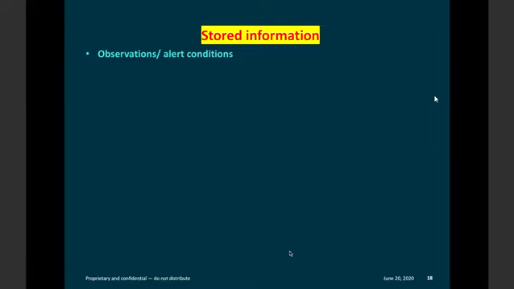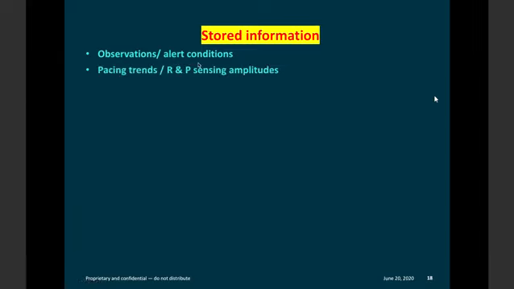You can look for alert conditions. For example, if the device lead impedance suddenly jumped from 300 to 2500, this will give an alert. So when you interrogate the device, you will find that there is an alert due to an abnormally high pacing lead impedance. So these are some of the observations and alert conditions.